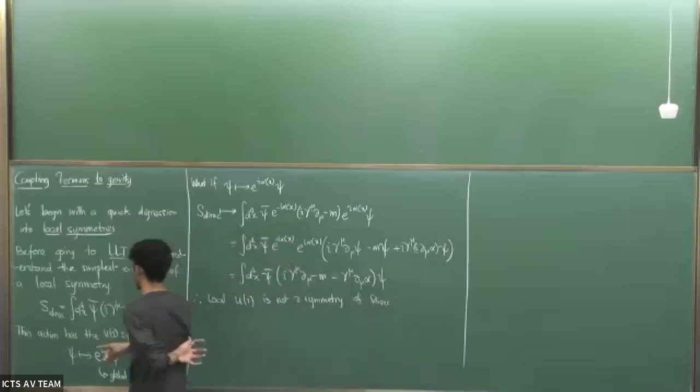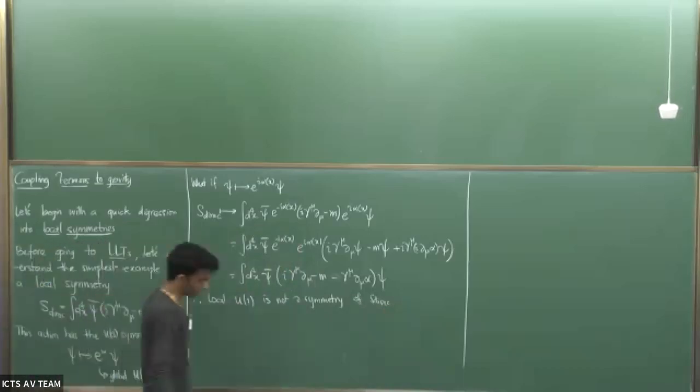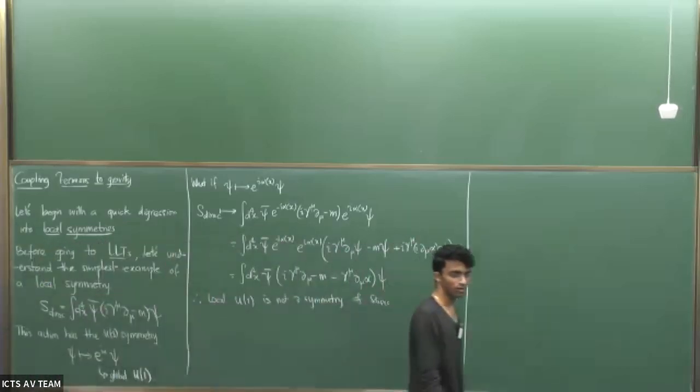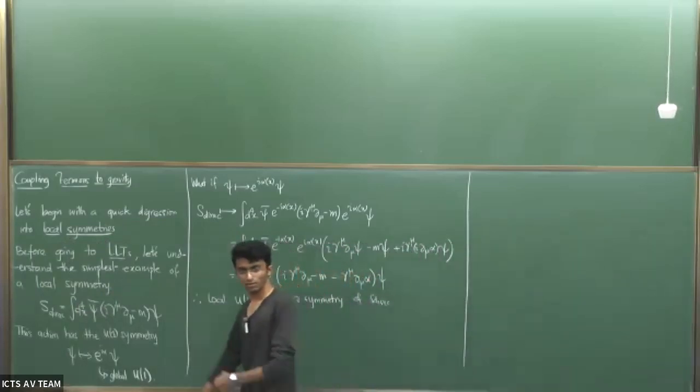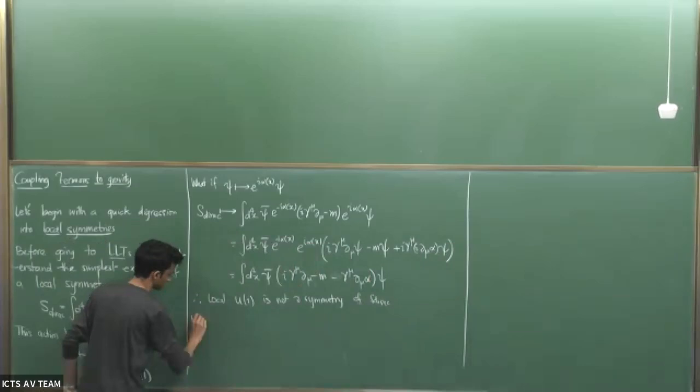written this way. Okay. But now you say, I'm still greedy. I want this to be a symmetry. Okay. I want local U1 to be a symmetry. Tell me what I should do such that local U1 has to be a symmetry. Okay. What should I do?